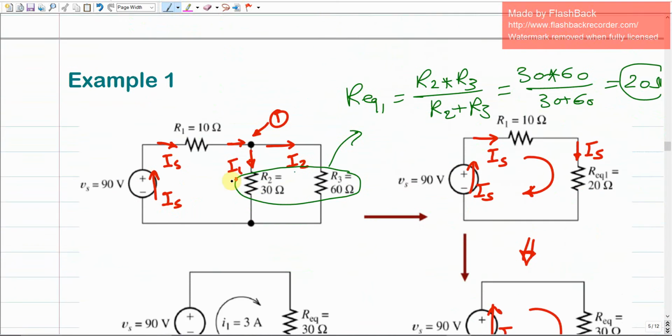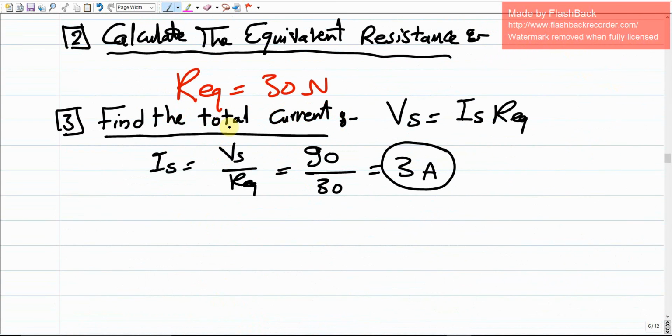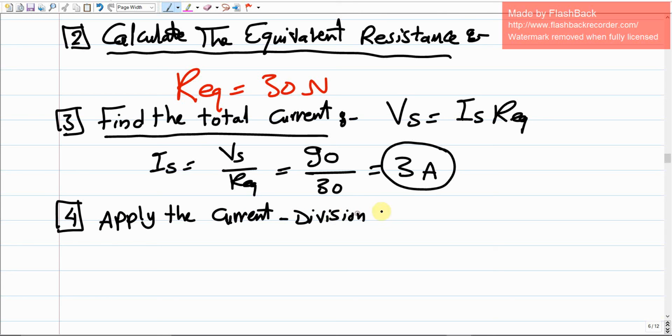So for example, if I decided to calculate I1 and I2, what I'm going to do here, in step 4 for this problem, is apply the current division principle.